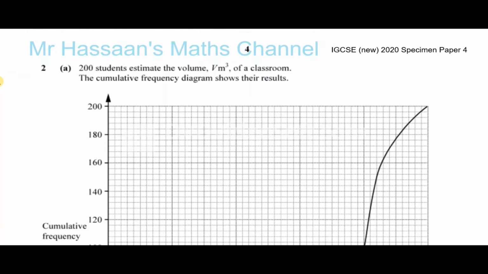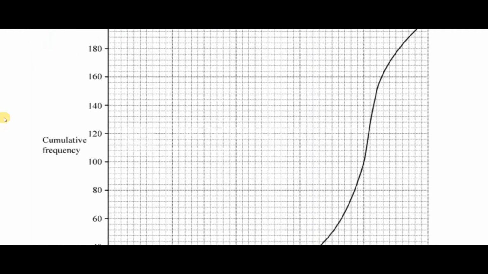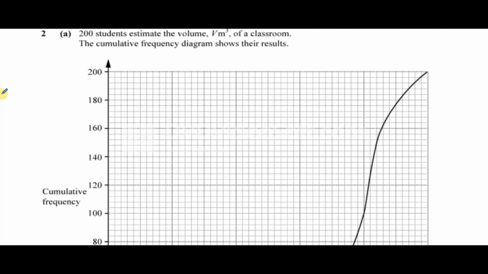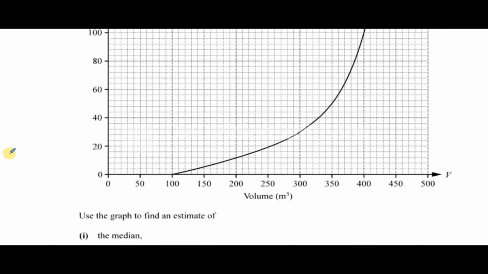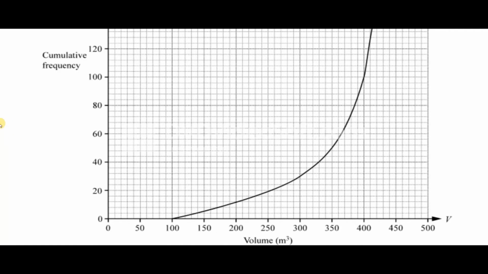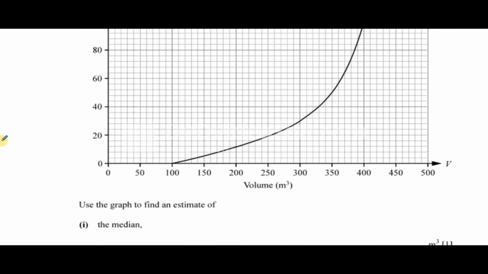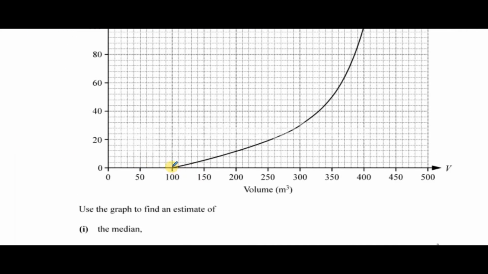So a cumulative frequency curve is made from a grouped frequency table, and basically you are plotting the cumulative frequency, the number of students, for example, who estimated that they got less than 100 and 150 and 200 and 250.